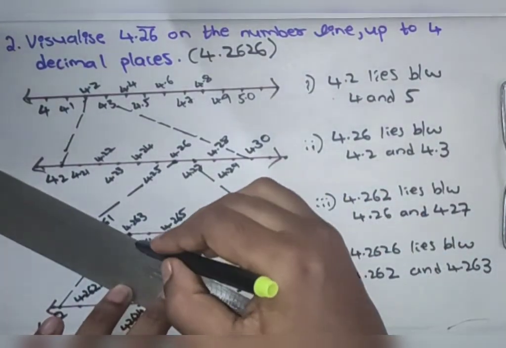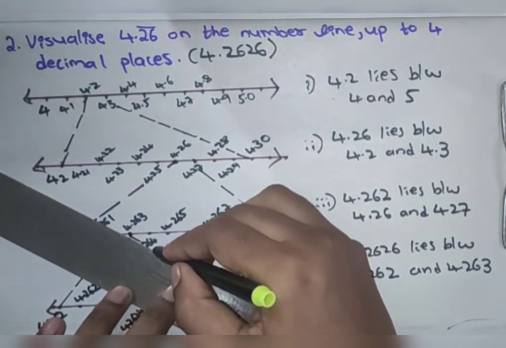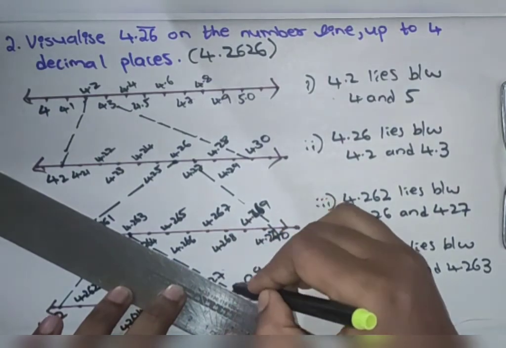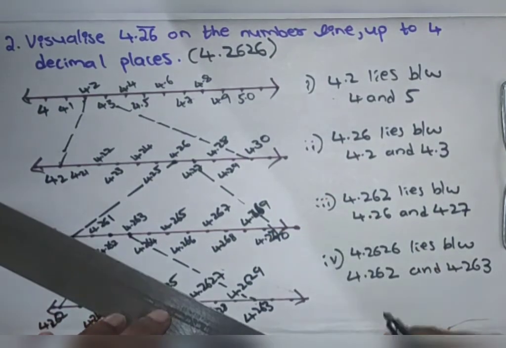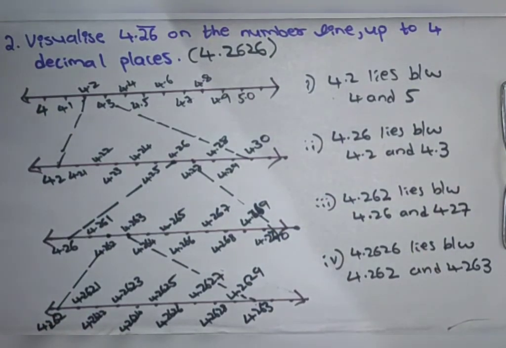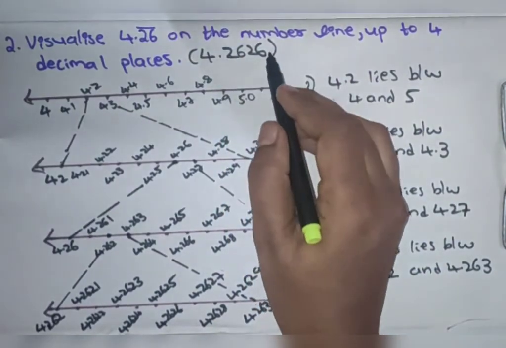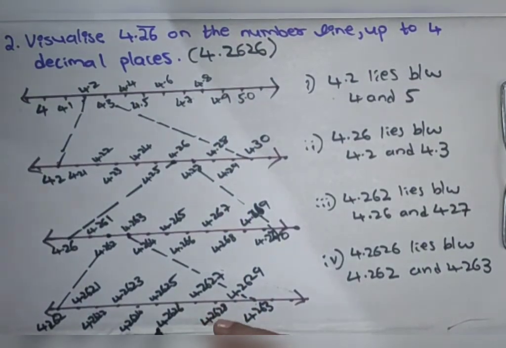Now we will join this. So now where do you have 4.2626? So this. Understood, students?